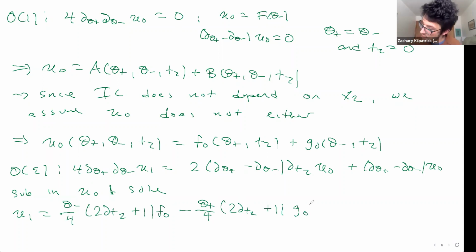So it looks somewhat similar to last time, but now because of this additional derivative term by the slow variable, that enters into the secular terms.